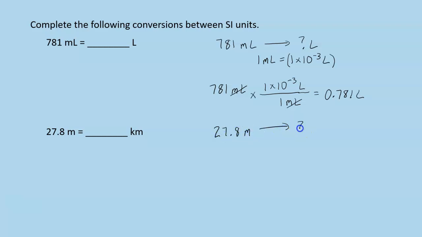Okay, and then in the last example, 27.8 meters. Trying to figure out what that is in kilometers. And we know that 1 kilometer is equal to 1 times 10 to the 3rd meters. Remember, that is the one prefix that we use that is larger than the base unit.